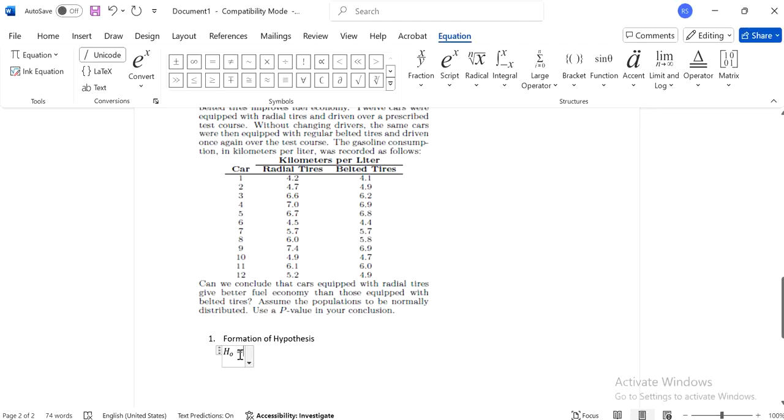So we are going to make the null hypothesis. mu d, the radial tires provide better fuel economy than those of the regular belted tires.